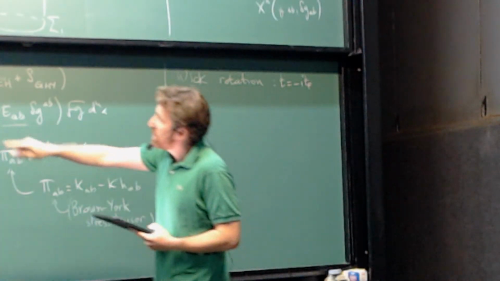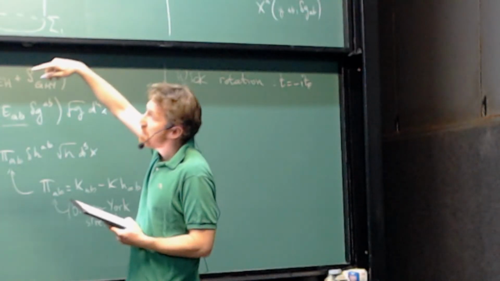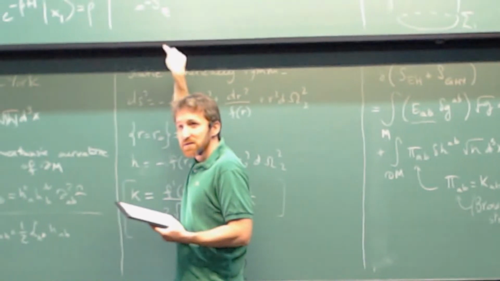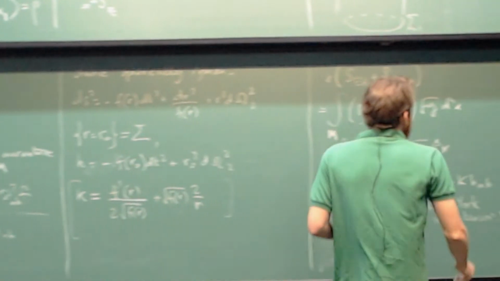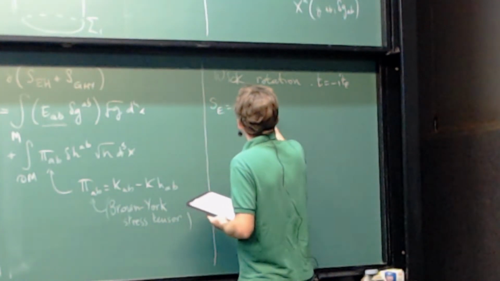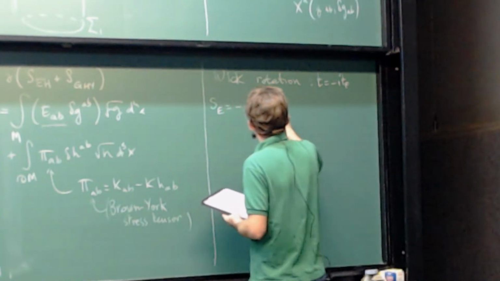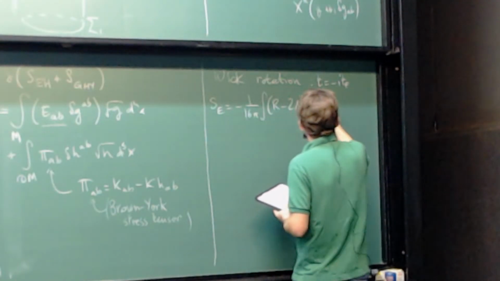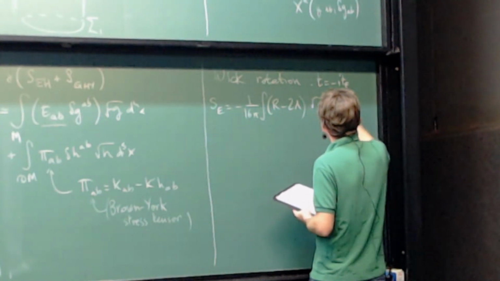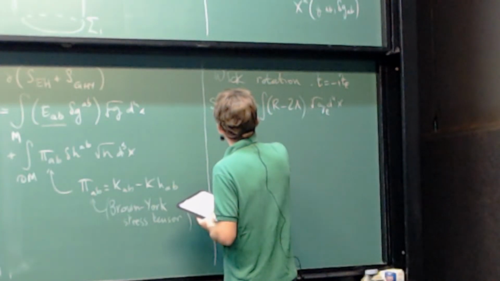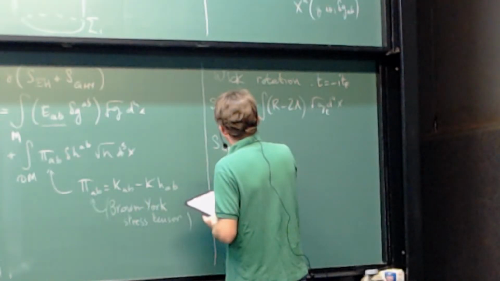The relation between the Euclideanized Einstein-Hilbert action and the Lorentzian Einstein-Hilbert action is exactly the same as the one for one-dimensional quantum mechanics. So, this is the Euclideanized action, S_EH plus S_GHY.